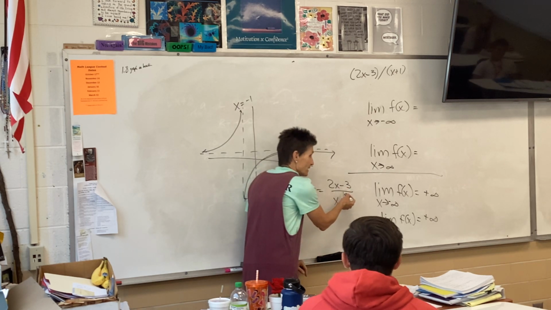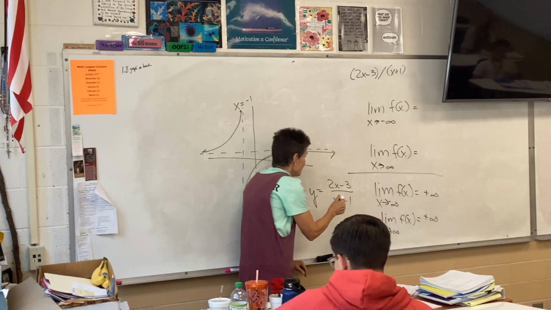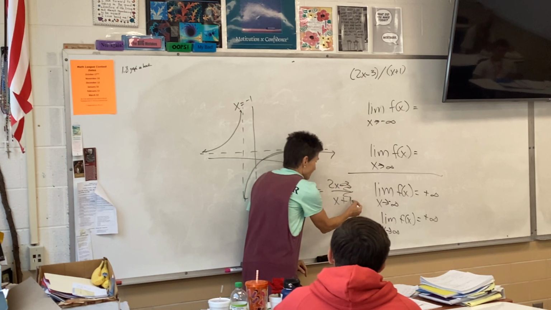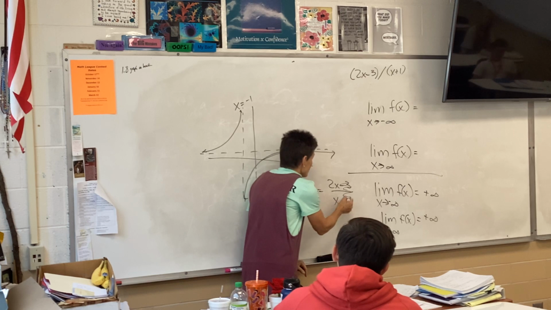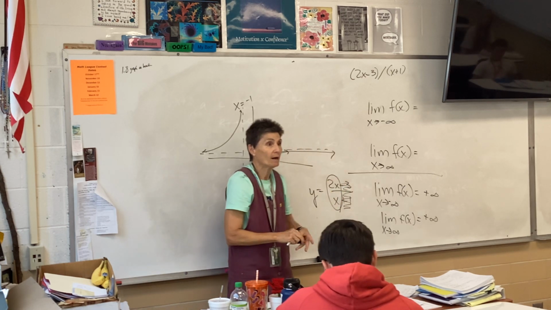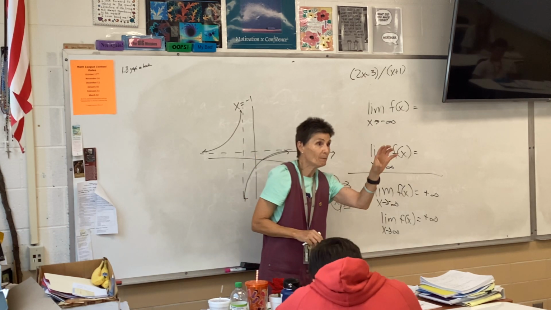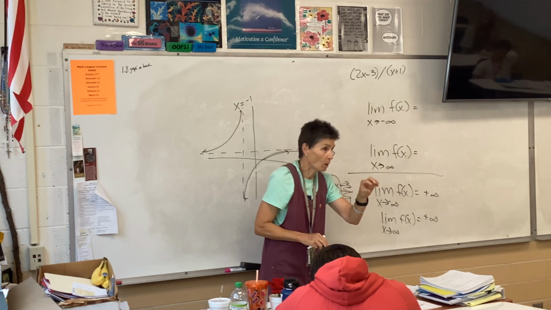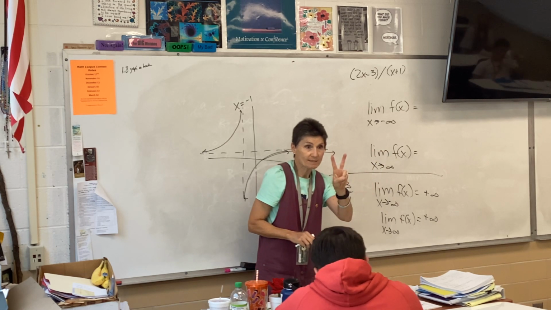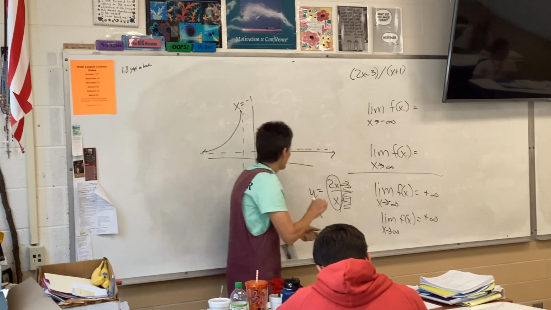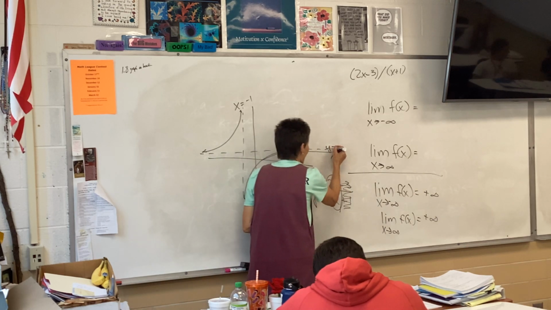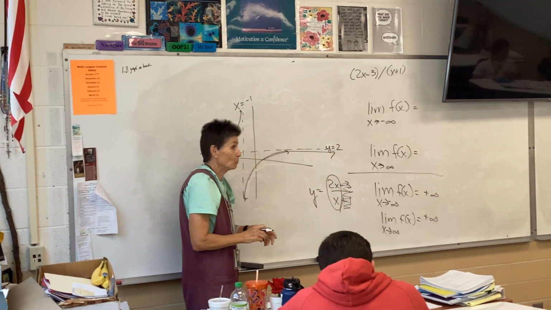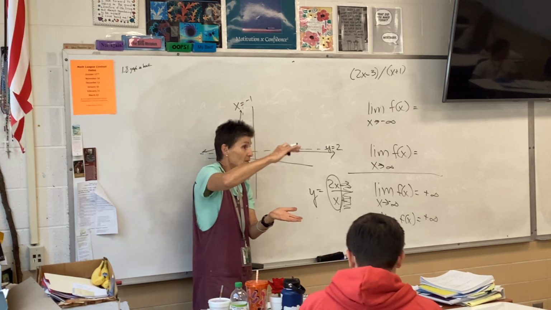If x is a billion, how significant are these? Not. So basically the fraction becomes just about 2 billion over just about 1 billion, which is 2. So you have a horizontal asymptote at 2.